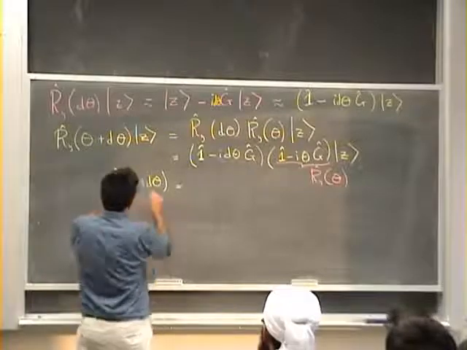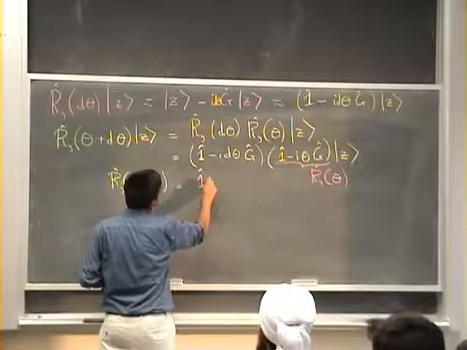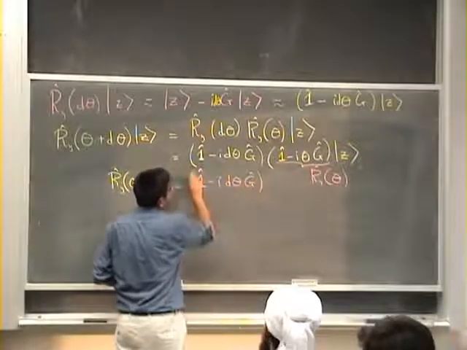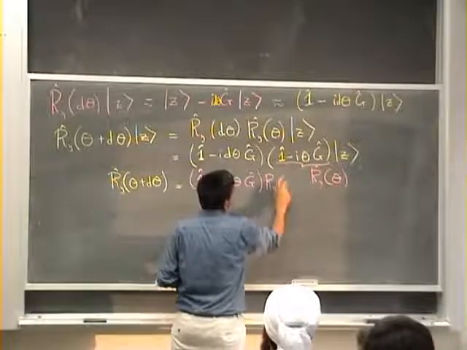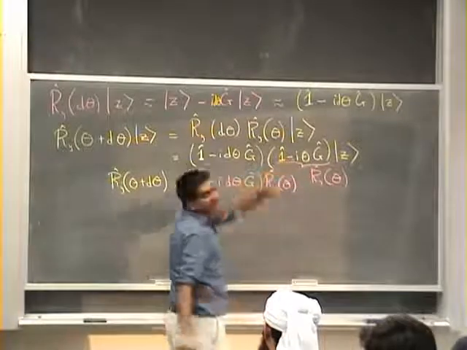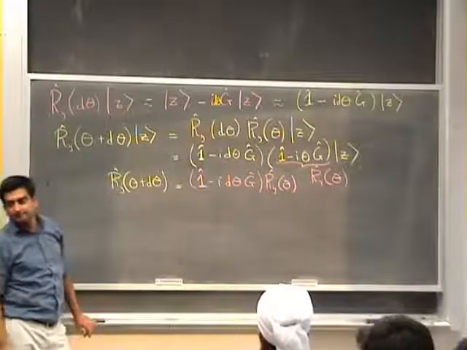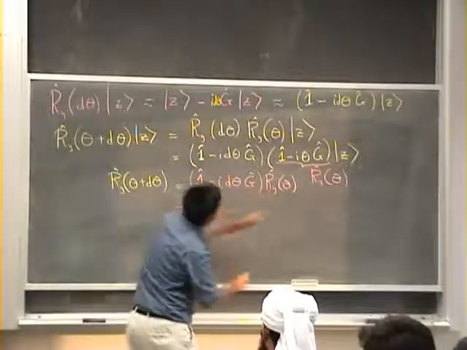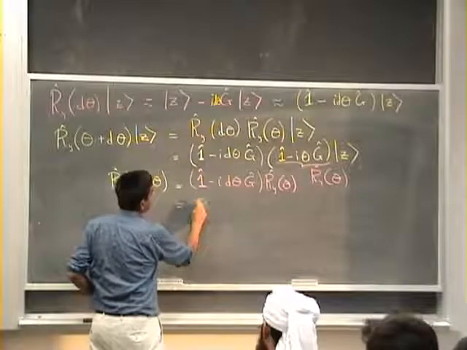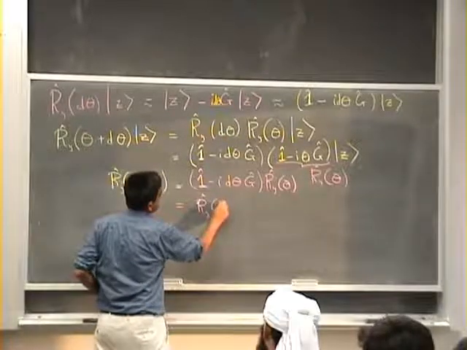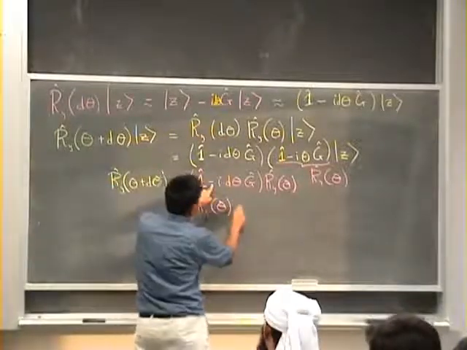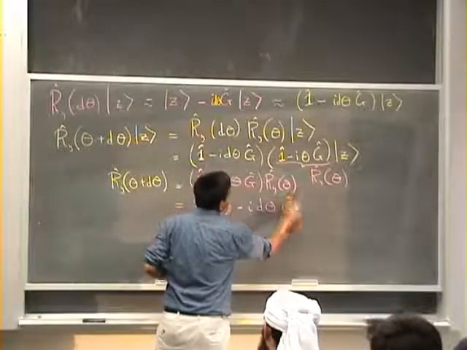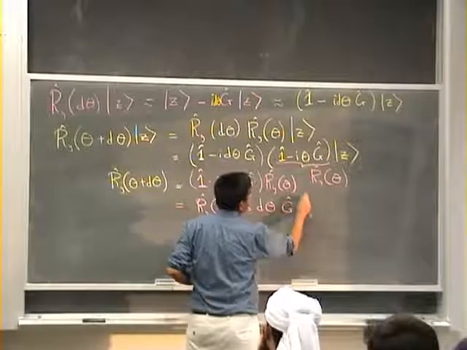I get R_y(theta plus d theta) must equal the identity operator minus i d theta G multiplied by R_y(theta). Okay, I'm not decomposing this. Now let's do the multiplication. Identity multiplied by this operator is just R_y(theta), and this factor becomes minus iota d theta G operator acting on R_y(theta).